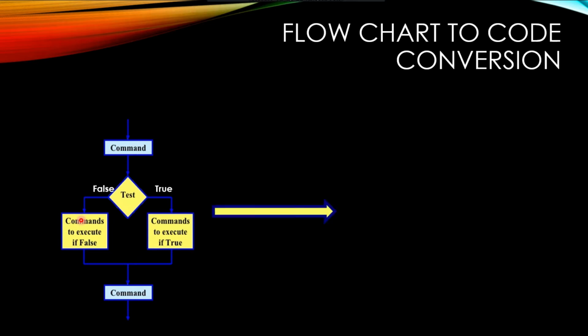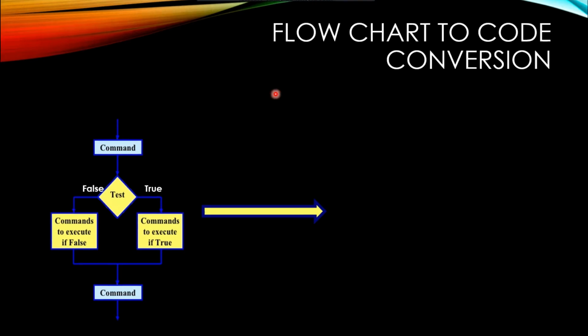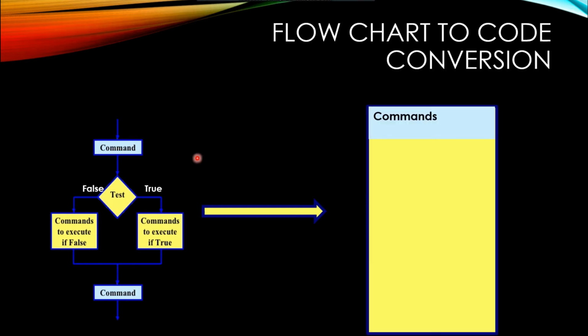So, what is the next step? The next step is to convert it into real code. Now, let's start from here. We are coming and we see this command. So the first thing we must do is write this command, right? After you finish this block of commands, you get to this step. When you get here, you find this decision box.